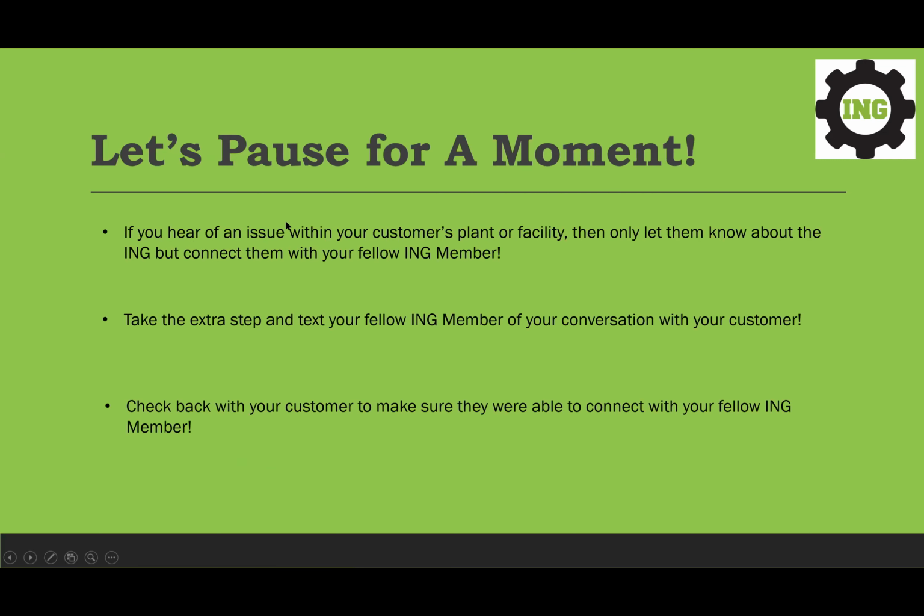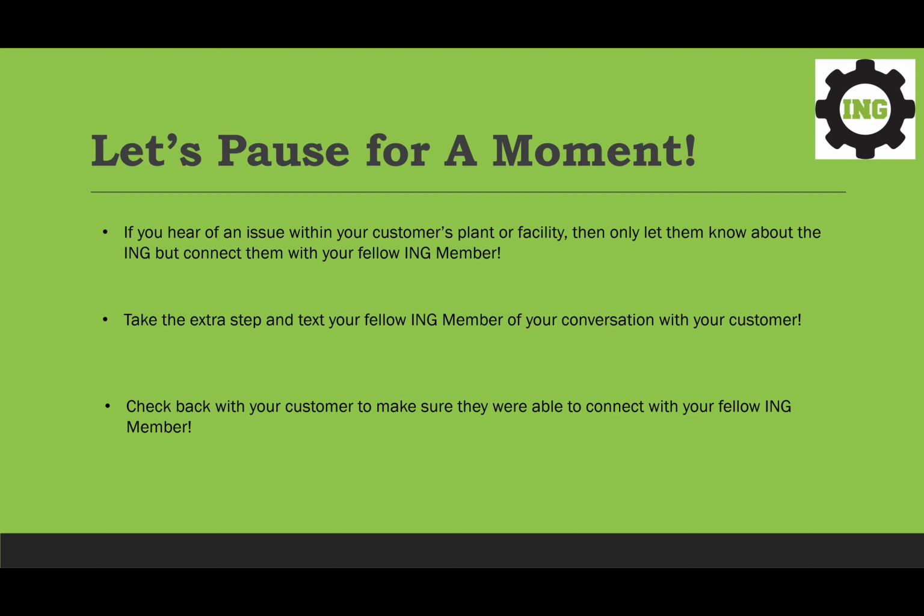So these are 2 or 3 different things that you could give your client. But let's pause for a minute on this as well. If you hear of an issue within your customer's plant or facility, one of the things that you need to do is when you hear about this, you want to connect them. Don't just say, hey, I've got a member in my chapter, here's his name and number. You may want to take him to the plant or facility.